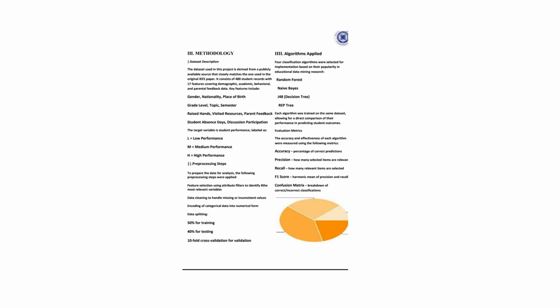Here, for the preprocessing steps, I select the most important features. I clean the data to remove missing values and convert text to numbers. And the dataset was split into 60 percent for training and 40 percent for testing, and I use 10-fold cross validation to validate the result.